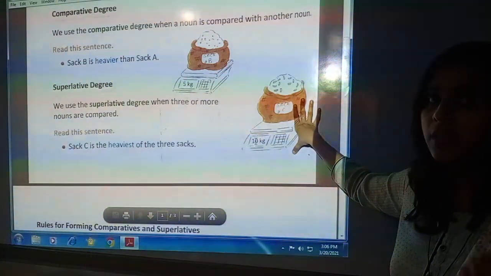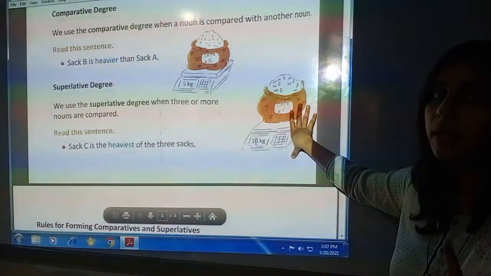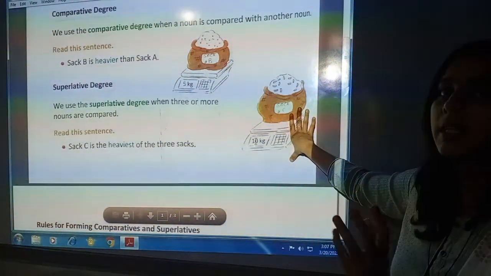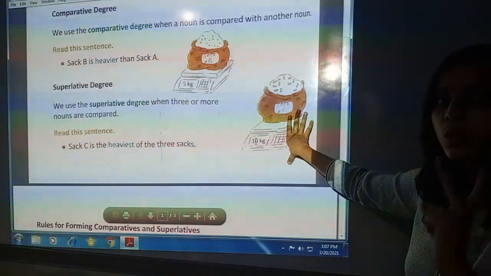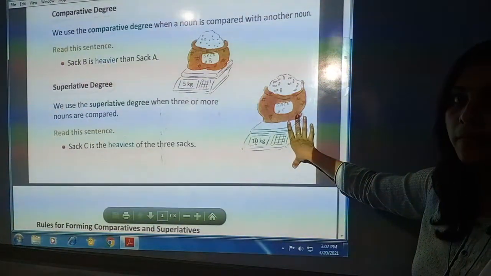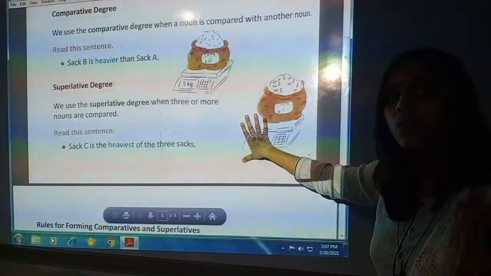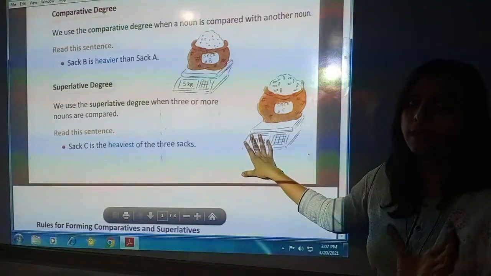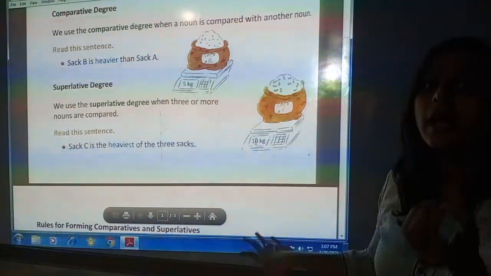Let us revise it again. First one is positive degree, in that no comparison is made. Only one noun's quality is described. In comparative degree, two nouns will be compared with a common quality. And in superlative degree, three or more nouns will be compared with a common quality. Here the common quality was their weight, their heaviness.